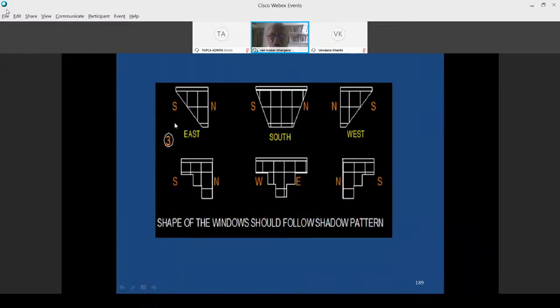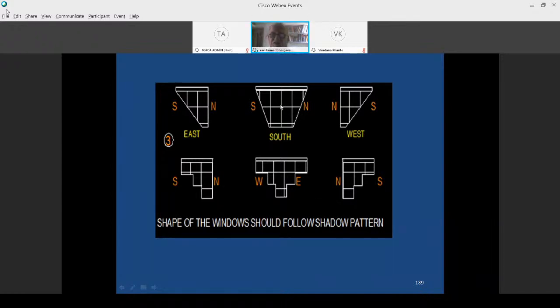So our window should be in this shape. We should follow the pattern of shadow, and this part always remains in shade. So the most suitable shape for our window facing east should be this, whereas for the bottom one, this.